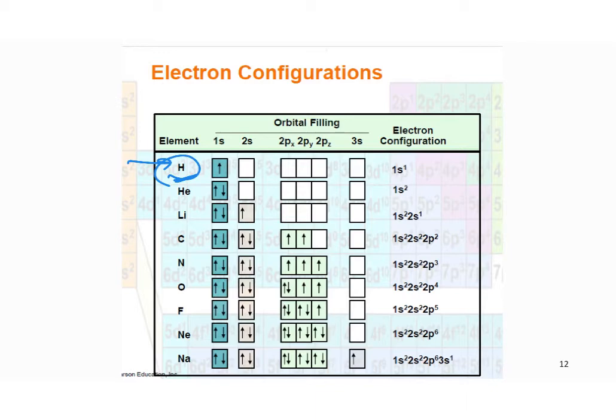We assume that all of the elements on the periodic table are neutral, unless we're told otherwise. So the number of electrons in a neutral atom equals the number of protons. Just look for the atomic number on the periodic table, and that tells you not only the number of protons, but also, in a neutral atom, the number of electrons.